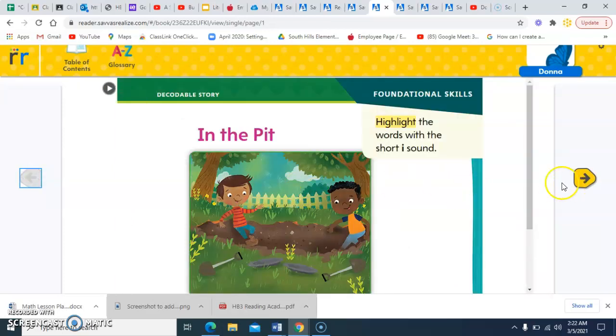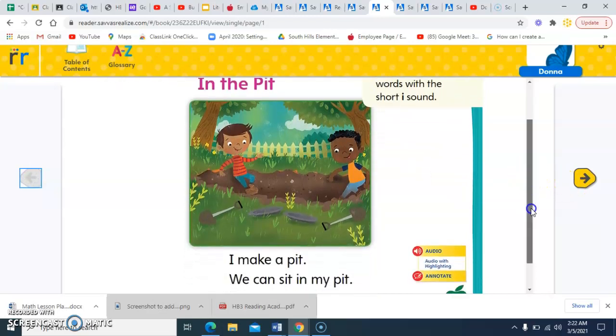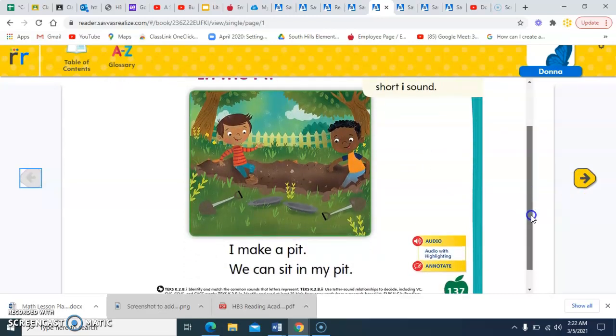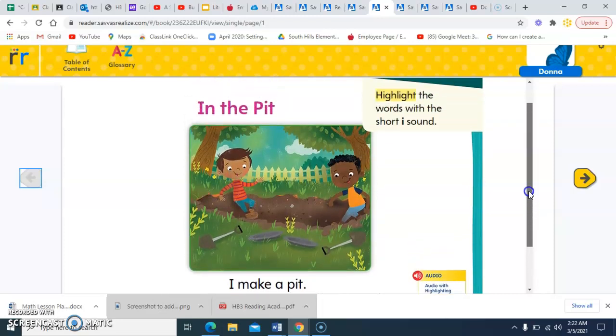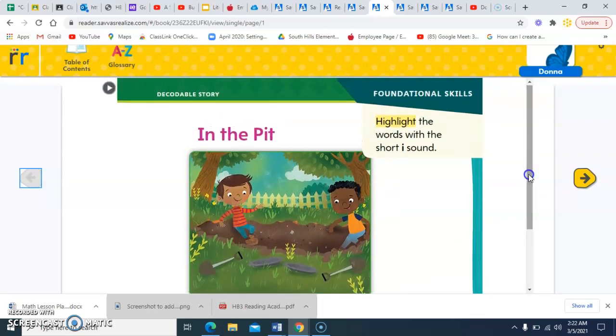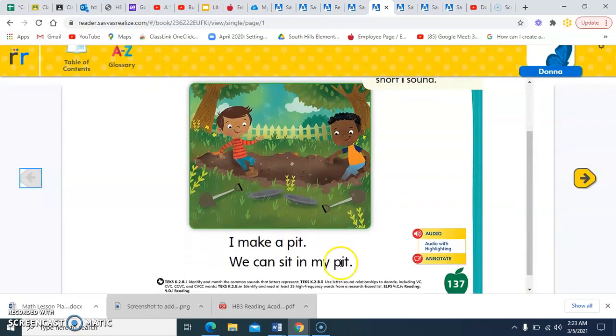Okay, so this one was a very short book. Alright, so I'm going to read it to you and see how much of it you were able to read. And the name of the story, In the Pit. And it says, I make a pit. And then here's the hole or the pit.